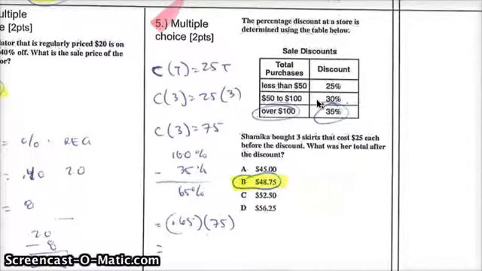I don't know what I was thinking. 30% discount means you pay 70%, so it should be 70% times 75, that'll give you what? $52.50? 0.7 times 75 will give us 52.50. So that's question number 5.